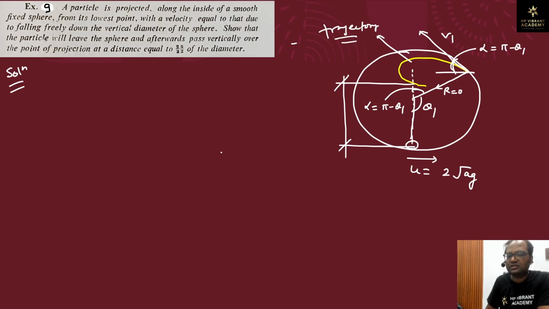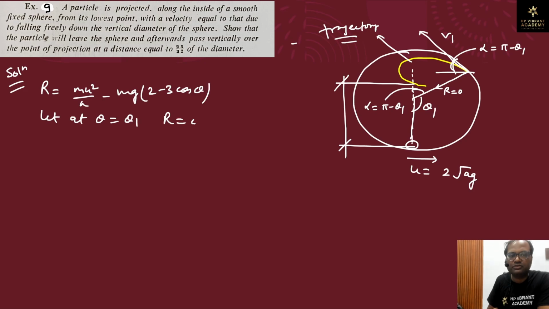Let us calculate where the particle will leave the sphere. Let us calculate the value of theta 1. The reaction R is given as mu square upon A minus mg (2 minus 3 cos theta). Let at theta equal to theta 1, R is equal to 0. So 0 is equal to m upon A into u square, where u square is 4ag, minus mg (2 minus 3 cos theta).